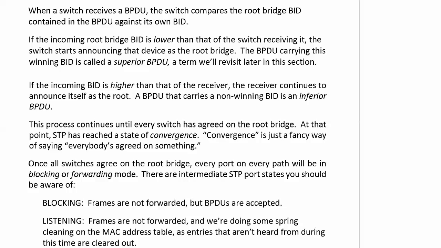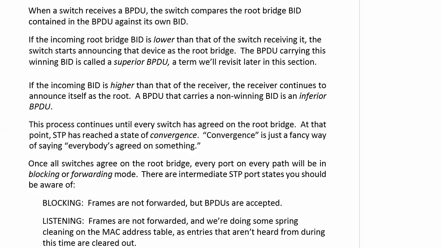Well, if the incoming root bridge bid is lower than that of the switch receiving it, that means that BPDU is indicating someone else is the root. This is what we call a superior BPDU because it has a winning bid inside of it. And in that case, the switch that receives it will then recognize that device as the root bridge.